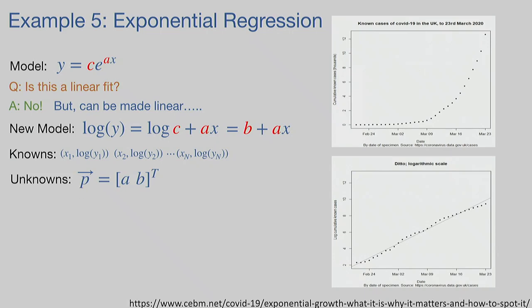Right? These are the knowns. And the unknowns are a and b, some parameters that are missing that we don't know. And now we want to put that into a matrix, A times p equals y tilde and see what happens.